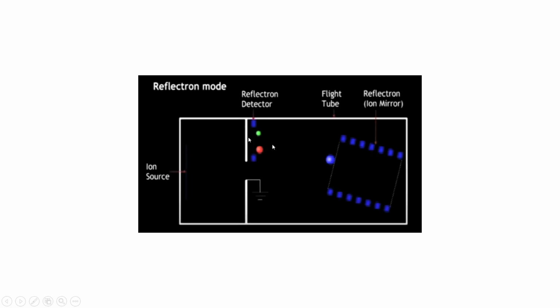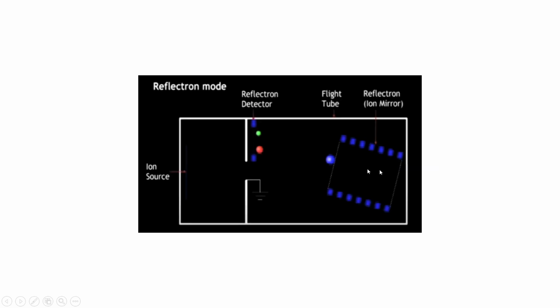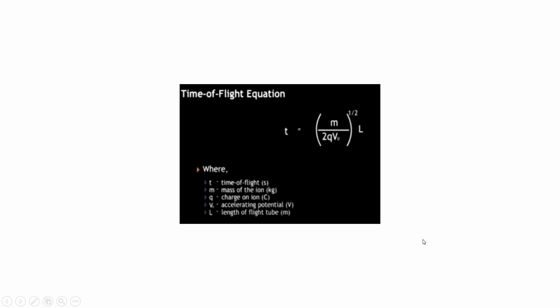The reflectron will increase the path length, and the separation becomes much more accurate, because here the path length is small and continuously some specific peptides might hit the detector, whereas here, as the time is more, the detector gets enough time to resolve them, and the peaks will also be separated in a good way.